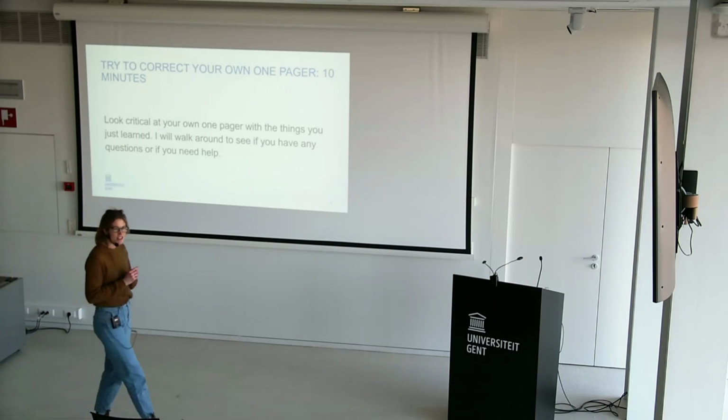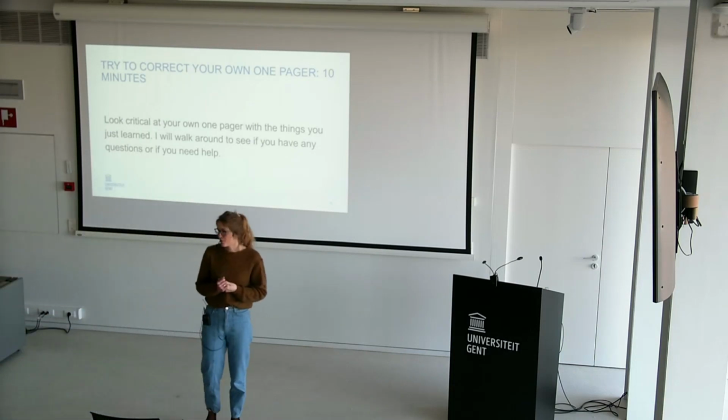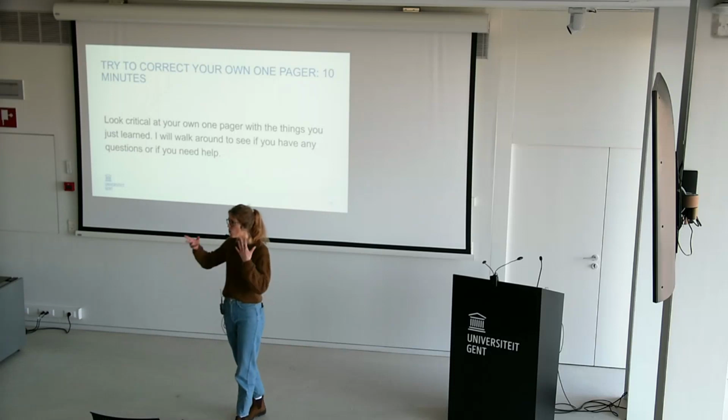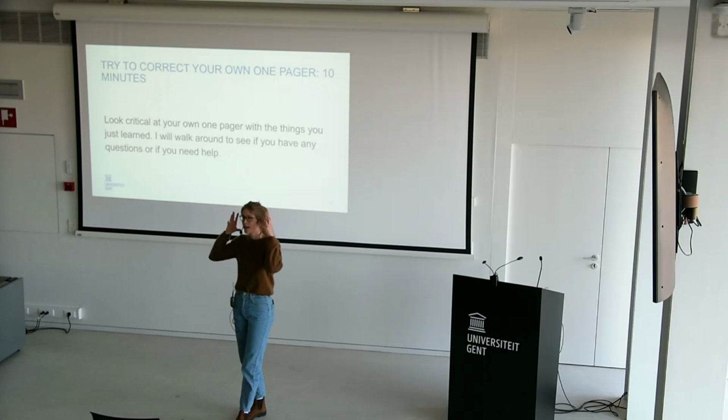The target audience isn't actually your family and your friends, but you should keep them in mind because they are the perfect test audience to see whether everyone can understand it. So write a one pager with the idea that this can appear in newspapers.